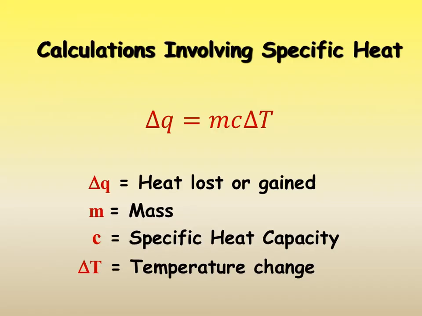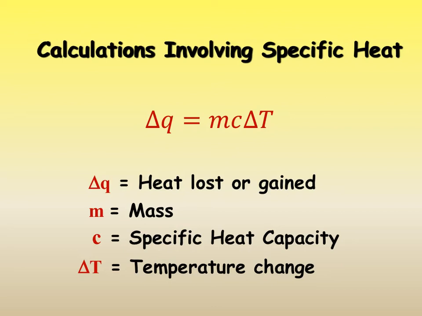Okay? So, we perform these measurements and get the change in heat from the change in temperature using this equation. Delta Q equals m c delta T, or delta Q, which is your heat lost or gained, is going to be equal to the mass of whatever you are measuring times the specific heat capacity of whatever you're measuring, times the temperature change.